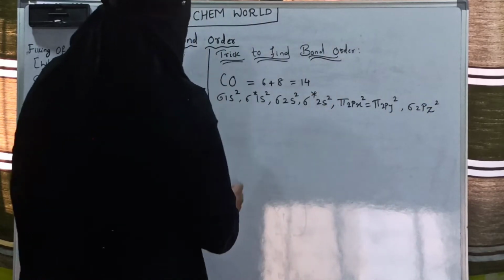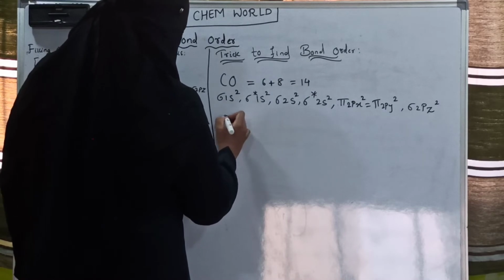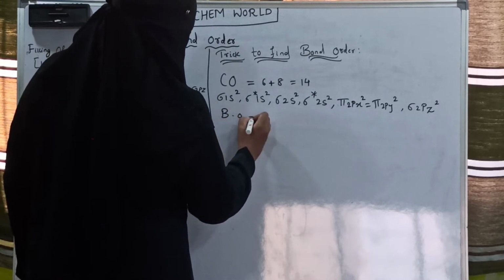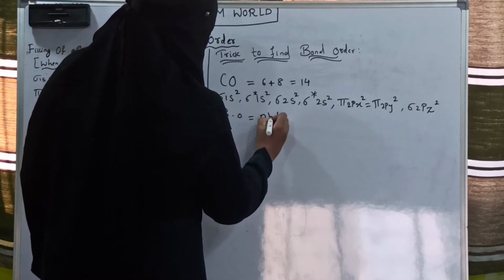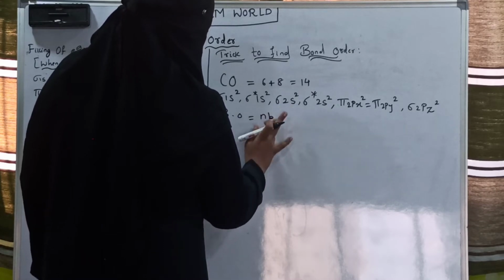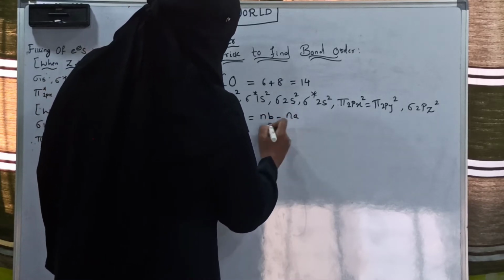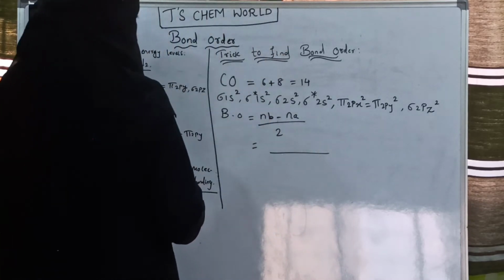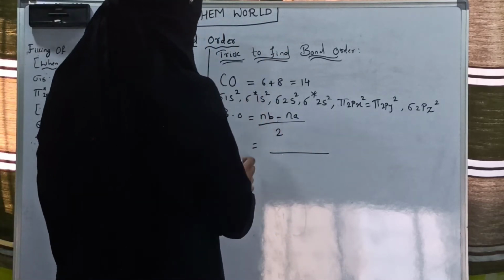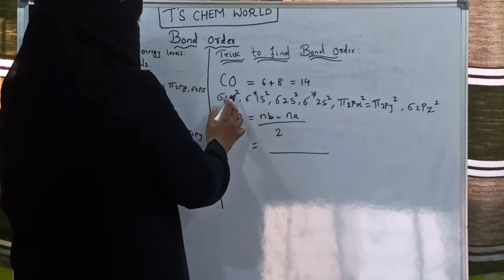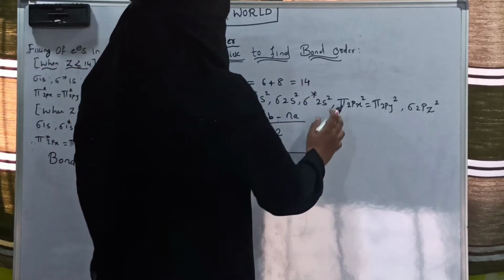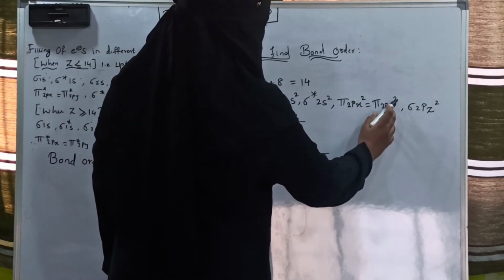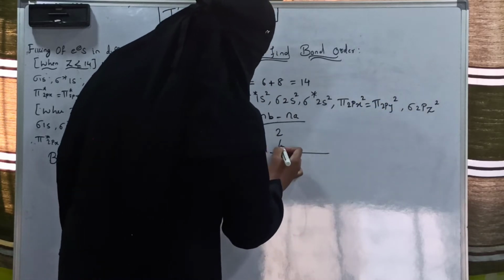Now our formula is bond order is equal to Nb minus Na divided by 2. Number of bonding orbitals, how much number of bonding orbitals are there? 2 plus 2, 4 plus 2, 6 plus 2, 8 plus 2, 10.